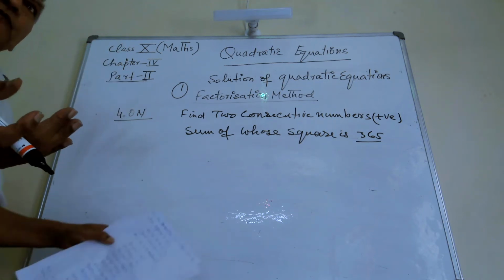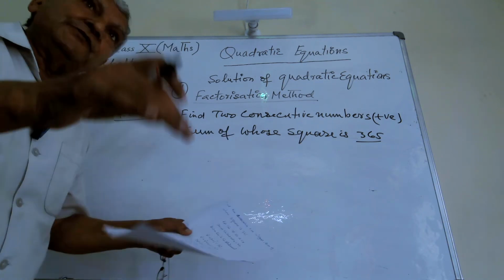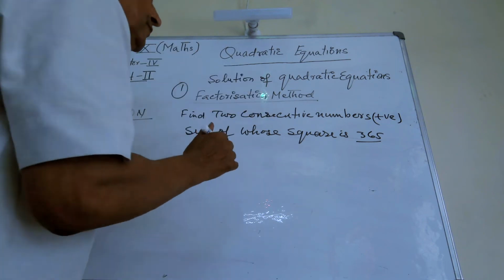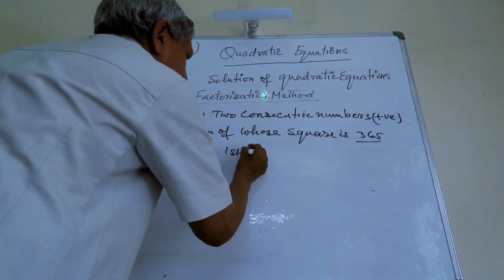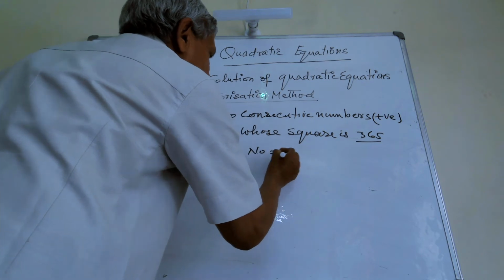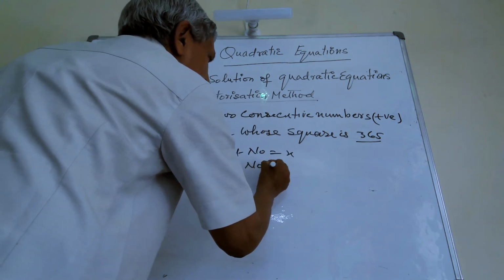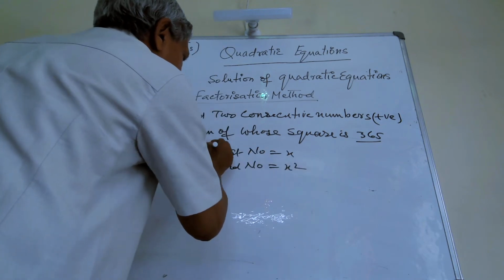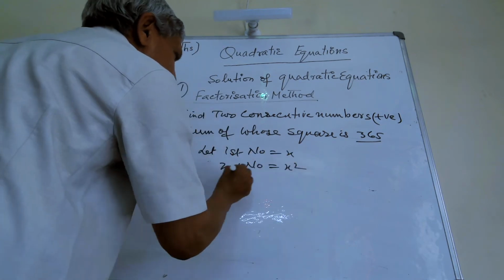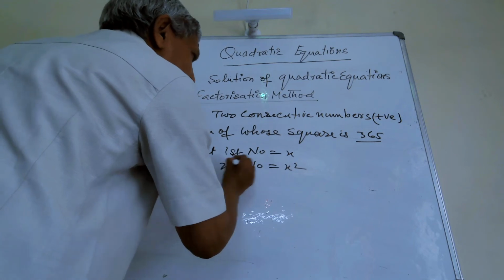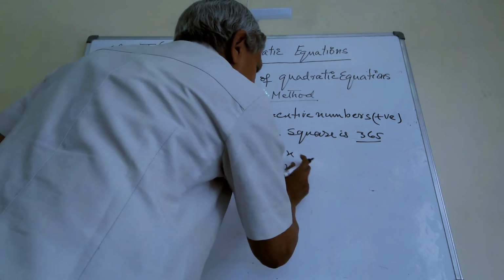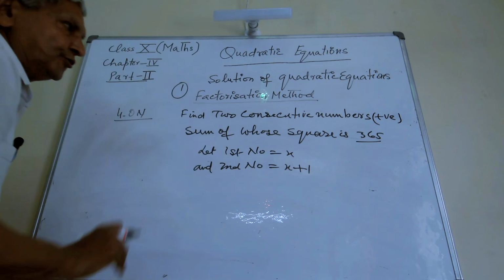First of all, you have to find out their squares, and then the sum is equal to 365. Let the first number be x and the second number be x plus 1, consecutive.